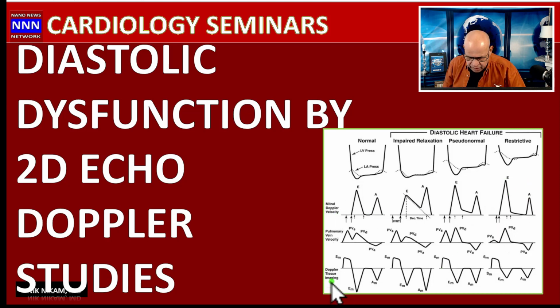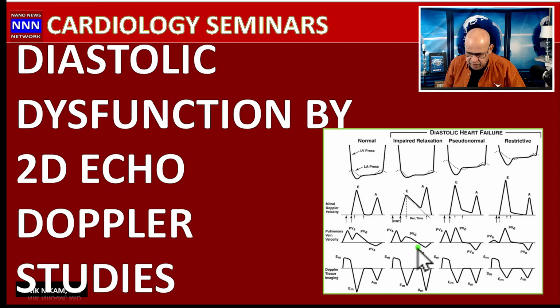Then here we have the mitral tissue Doppler, which could be at the septal or the lateral wall. And this is sort of mirror images of what we see in the mitral valve Doppler velocity. So here you have the E prime and A prime. It sort of matches. But look at what happens in impaired relaxation.